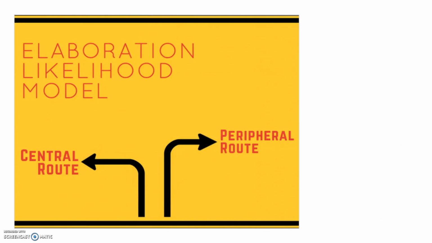Oh, sorry, let's go back. According to the ELM, as they call it, the peripheral route happens when you make decisions based on very superficial or automatic information. So, for example, I go to the store, I know my brand of toothpaste, I get it, and I don't think about it very much.